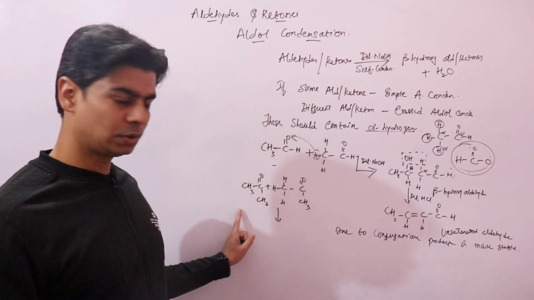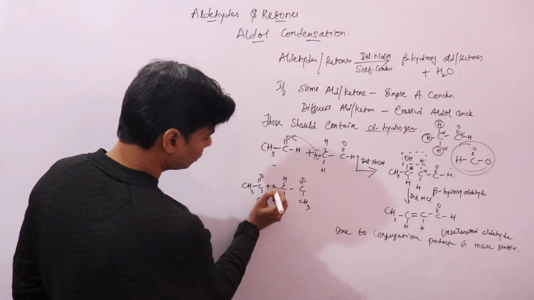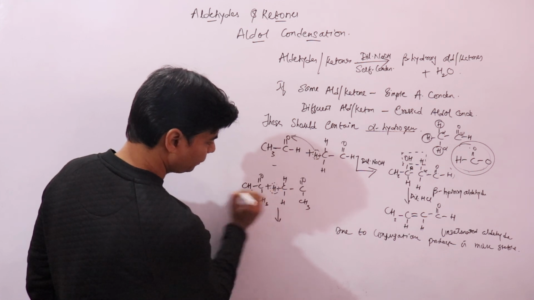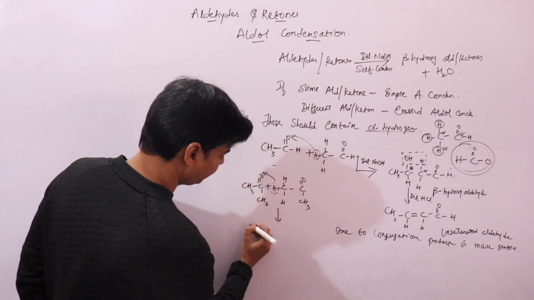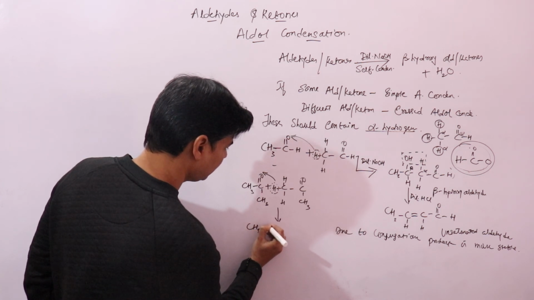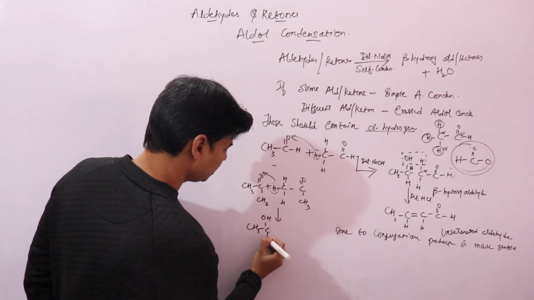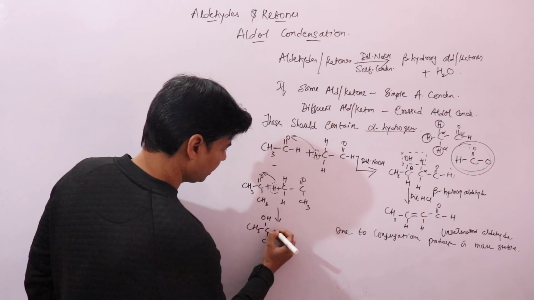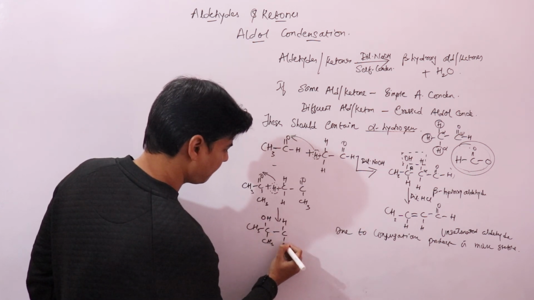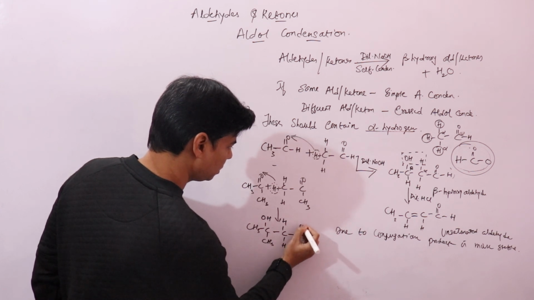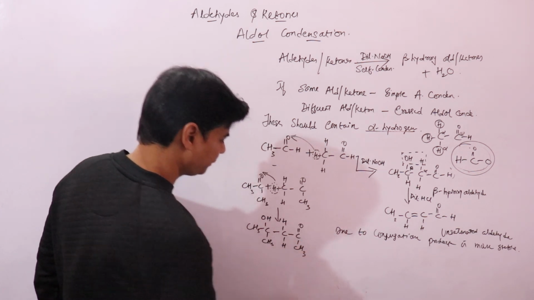Two molecules of acetone will undergo condensation. This is your alpha hydrogen. It will go to this oxygen. Product would be CH3, C, OH, CH3, CH, H, then this is the product.